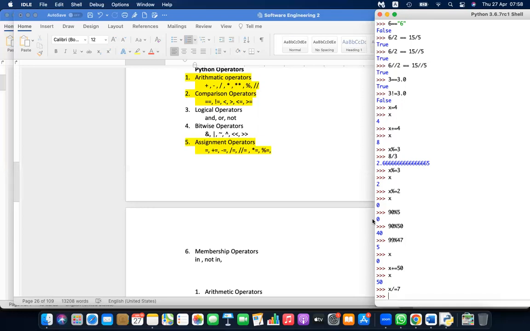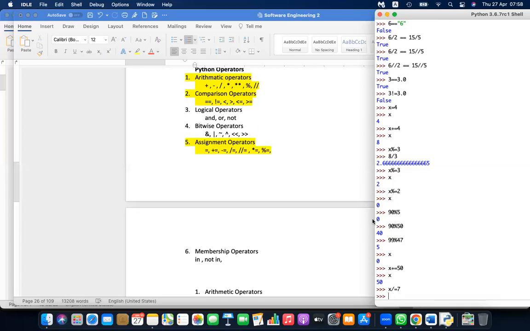So 7. So 35 is times 5. 6 is 42, 49. 7. Well, no, 1.